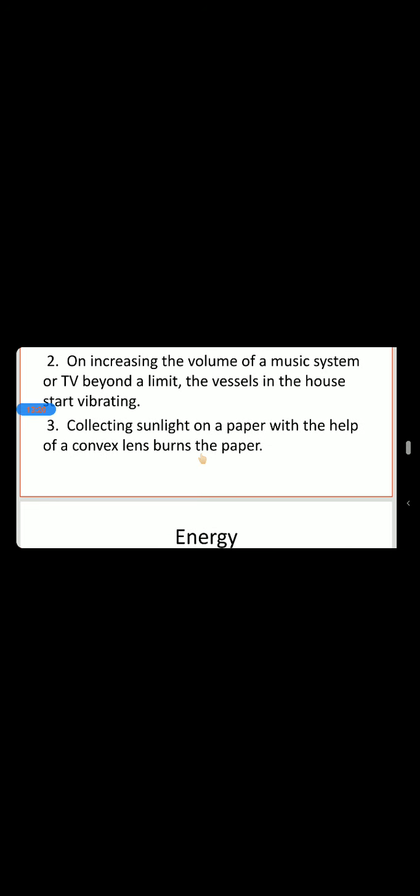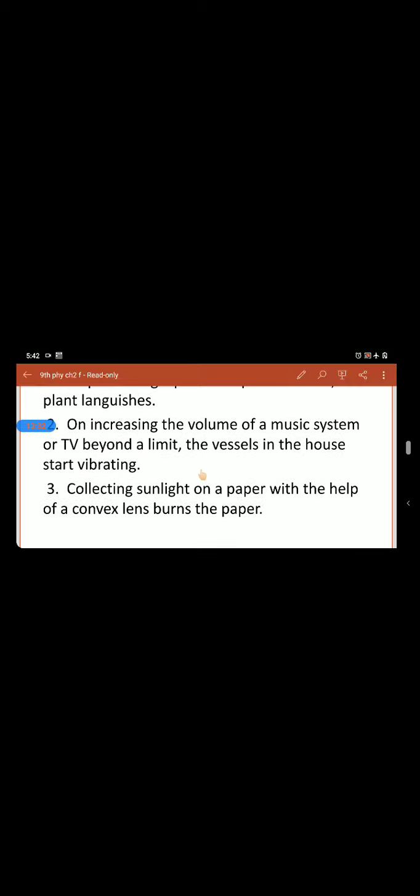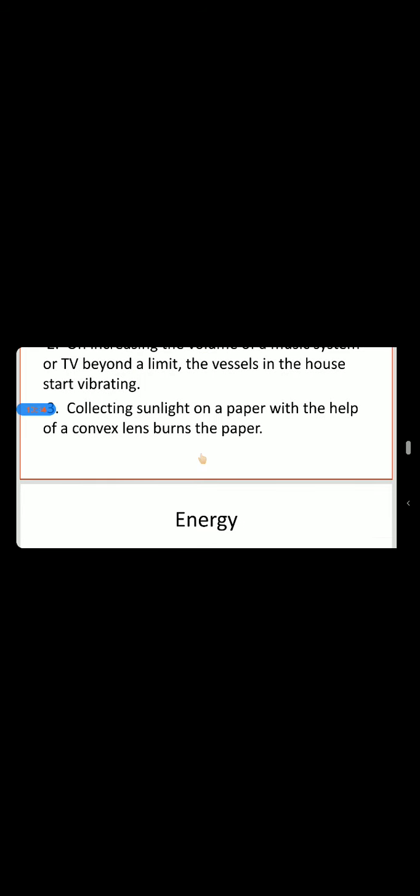Third, collecting sunlight on a paper with the help of a convex lens burns the paper. In the third example also, the work of the convex lens is to gather the sunlight and focus it onto a single point. And when we do so, the paper starts burning. In this third example also, we used solar energy.